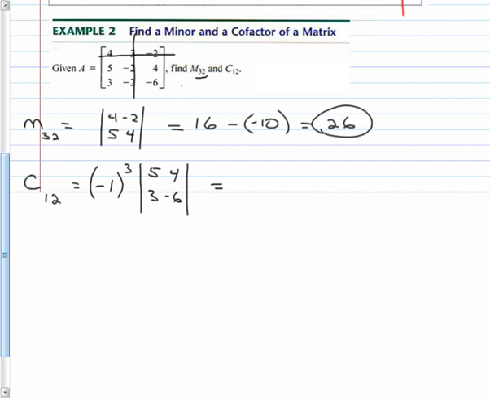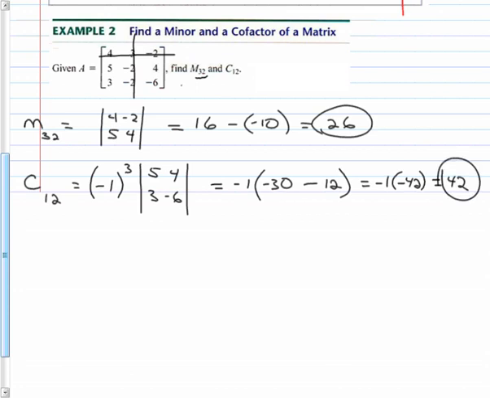So that will equal, what's negative 1 to the third? Negative 1 times, then I'm going to do this determinant. 5 times negative 6 is negative 30, minus 3 times 4 is 12. So that's negative 1 times a negative 42, which is a positive 42. That's called the cofactor sub 12.